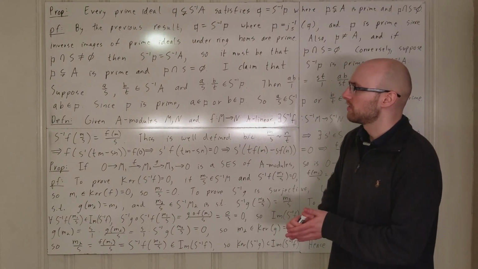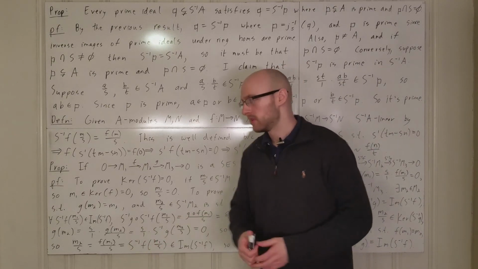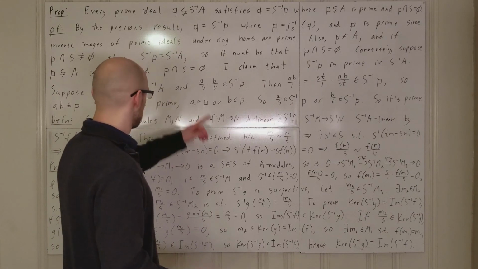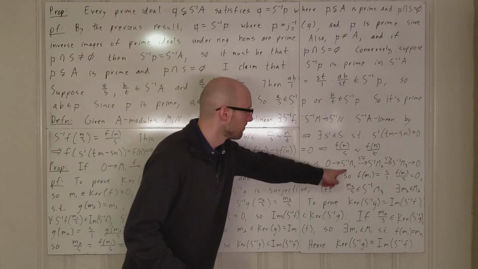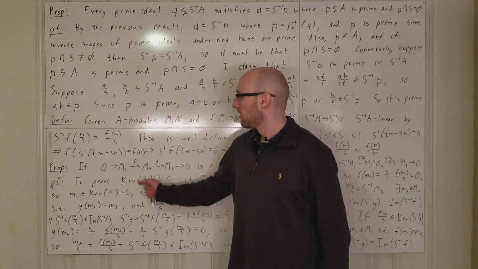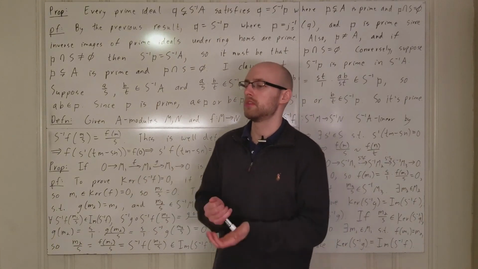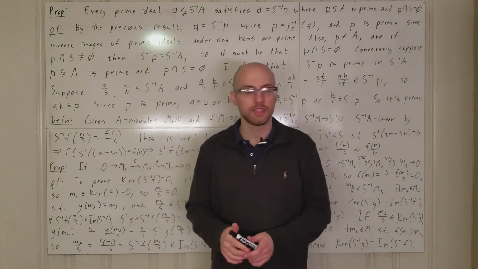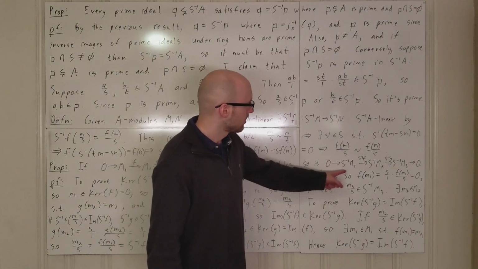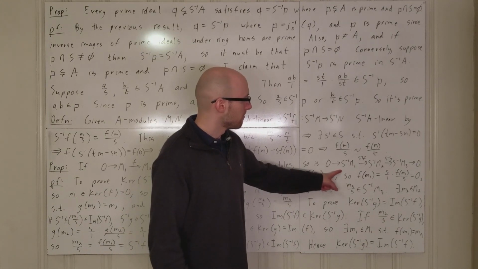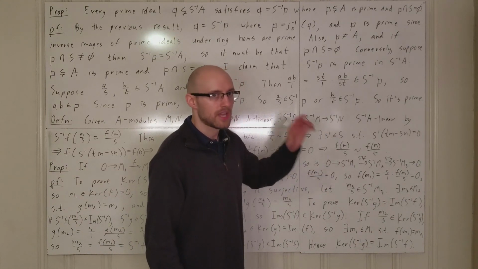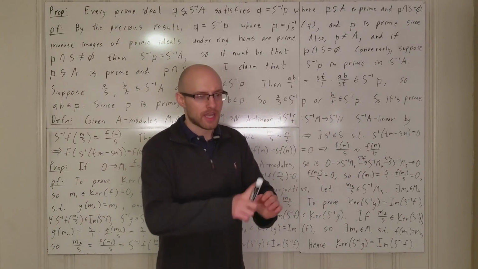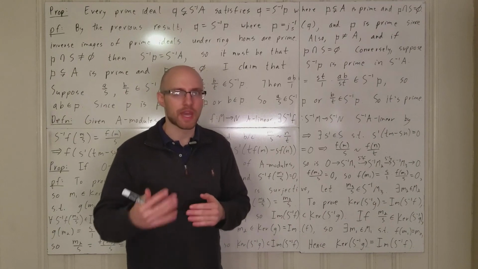So a natural thing to ask is, can you go backwards? If you have a short exact sequence here, then you get a short exact sequence here. And I don't think this is proven in the lectures. I think there's a homework exercise that says that if this works for every single set S of the form A set minus M, where M is any maximal ideal.